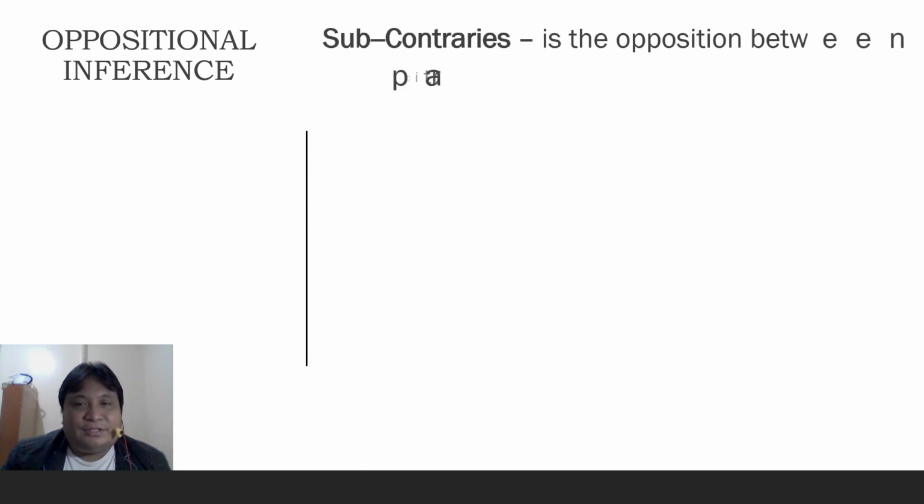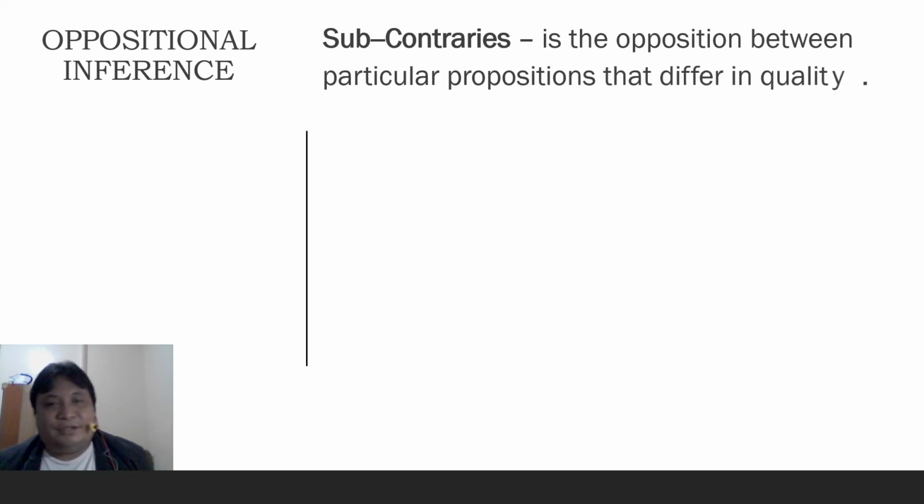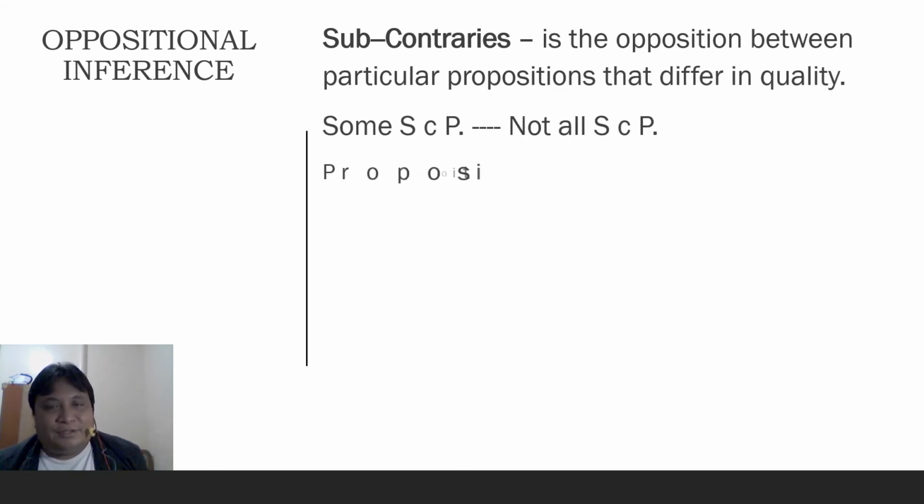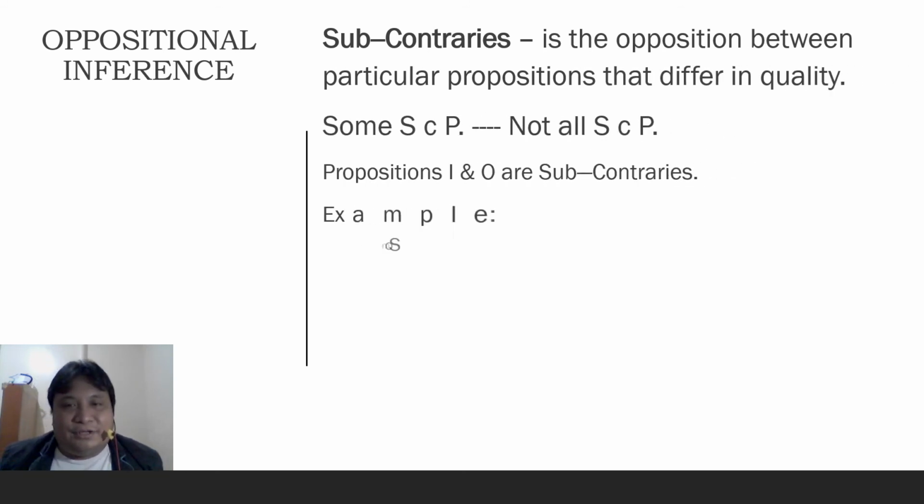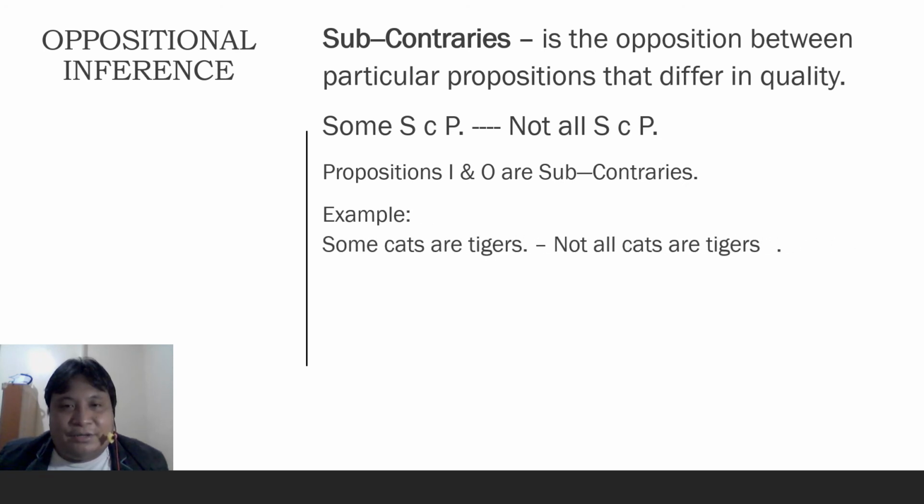Okay, so next one is subcontraries. Why call it subcontraries? Because both are particular propositions that differ in quality. So it only refers to I and O, or O and I propositions.